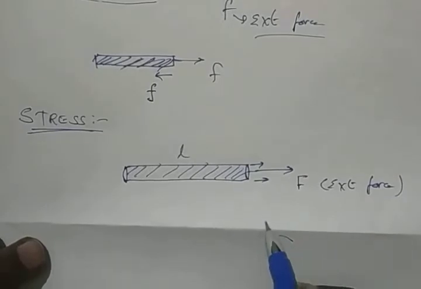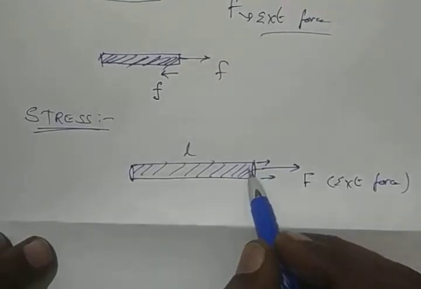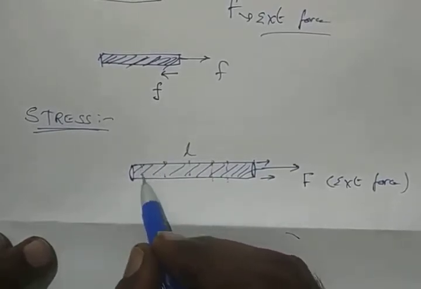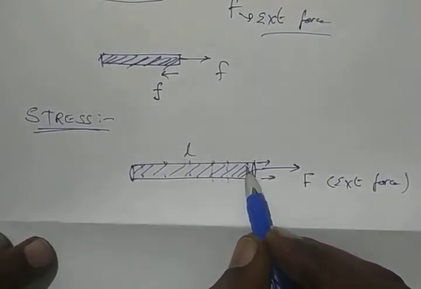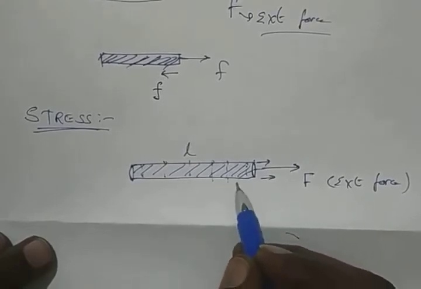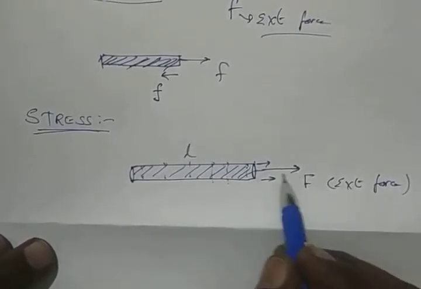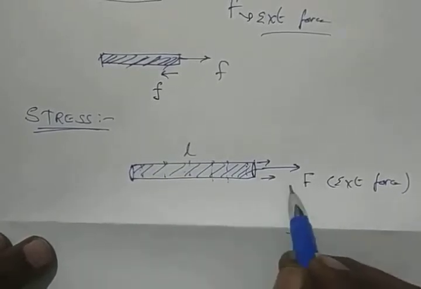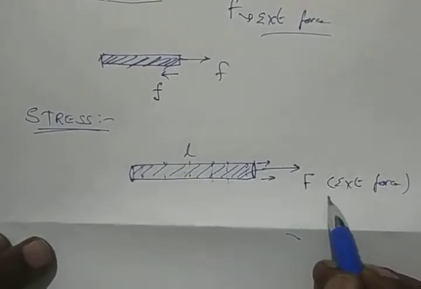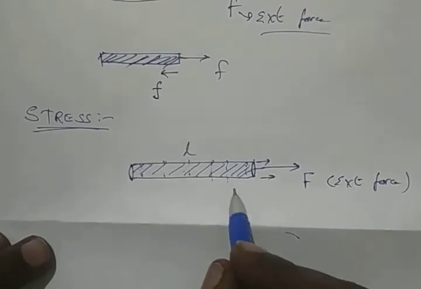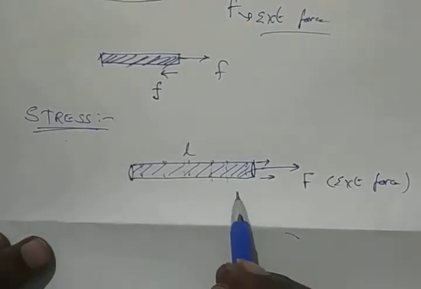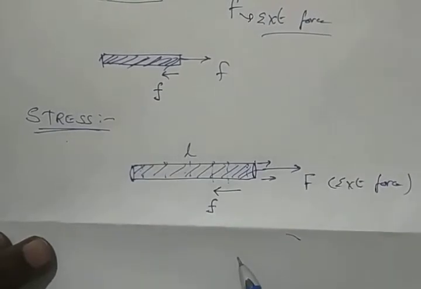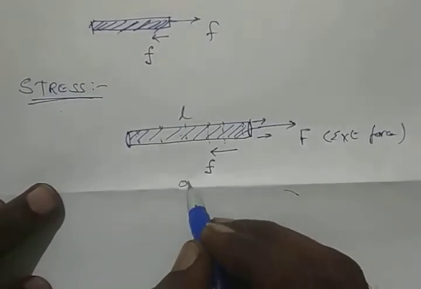Now the rod responds: the different areas of cross section will have a constant internal force trying to pull in this direction. All the molecules will be trying to pull because of the external force. But by virtue of the body itself, it will try to oppose the external force. As I already said, there will be an opposing internal force.